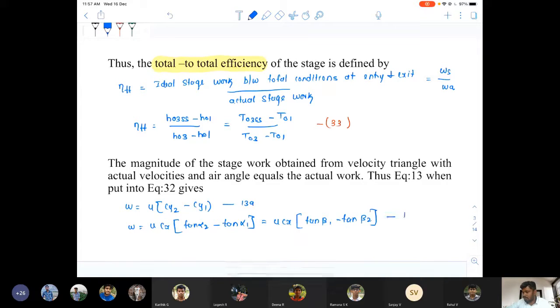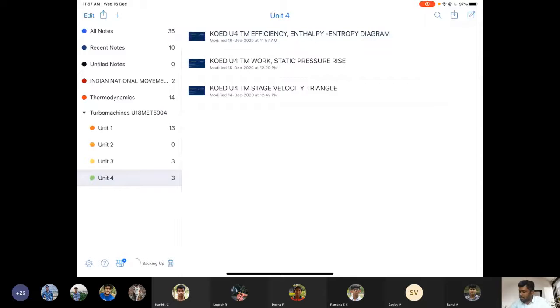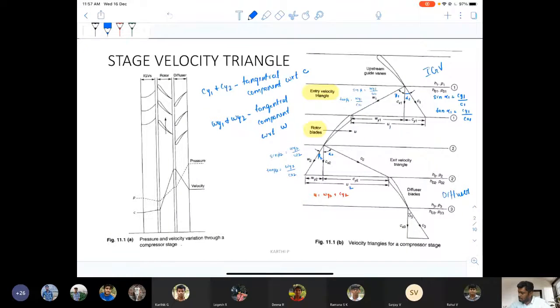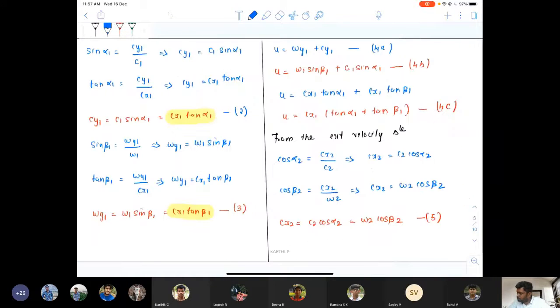This is equation 13b. And the value of W is equal to 1 by 2 times C2 square minus C1 square plus 1 by 2 times W1 square minus W2 square. This is equation number 13c.